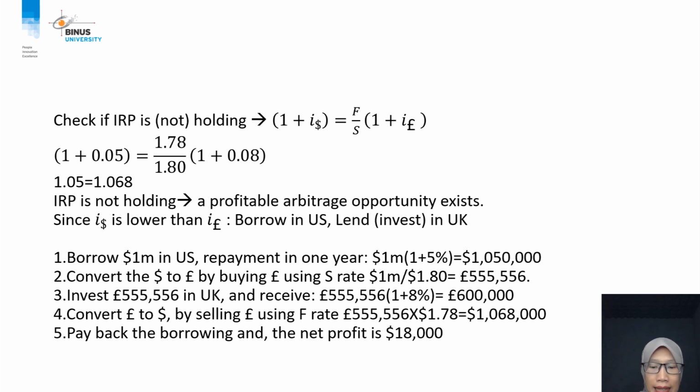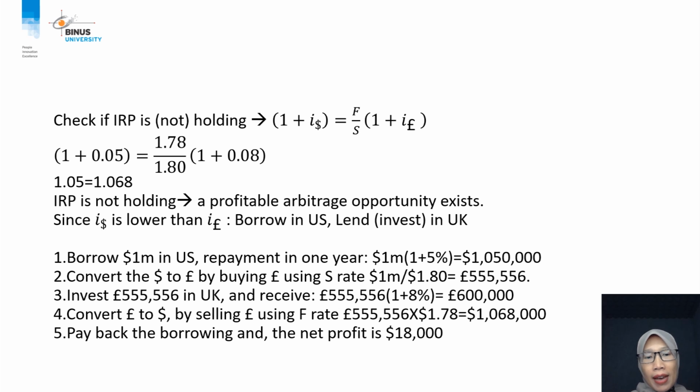So these are the steps. First, you borrow $1 million in the US and your repayment in 1 year will be $1,050,000. Then, after you have that $1 million, you convert it to pounds by buying pounds using the spot rate. So you are going to have 555,556 pounds.